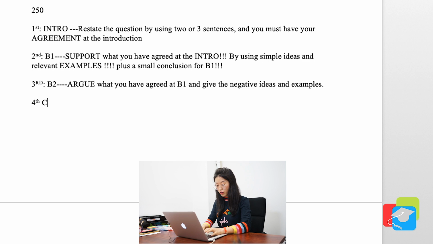And then the next one is the 4th paragraph. The 4th paragraph, I'll call the conclusion. The conclusion part is simple.